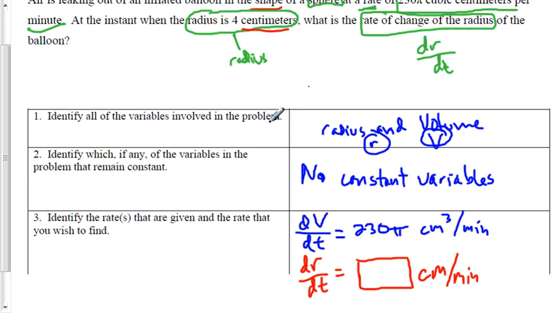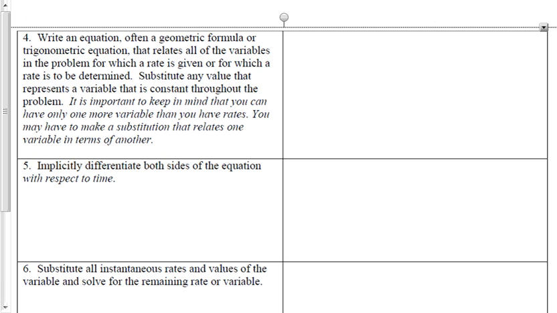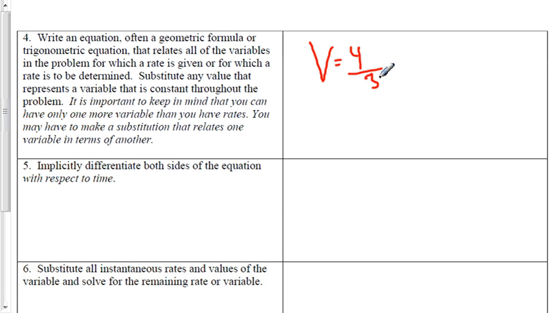All right, let's look at number 4, and I'll have to flip back and forth between these 2 screens. Write an equation, often a geometric formula or trig equation, that relates all the variables in the problem for which a rate is given or for which a rate is to be determined. Well, in this case it's talking about the volume of a sphere, so volume equals 4/3 pi r cubed.